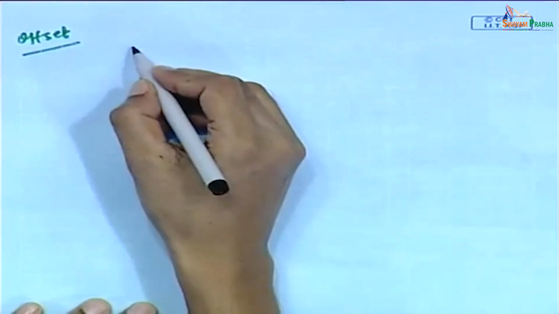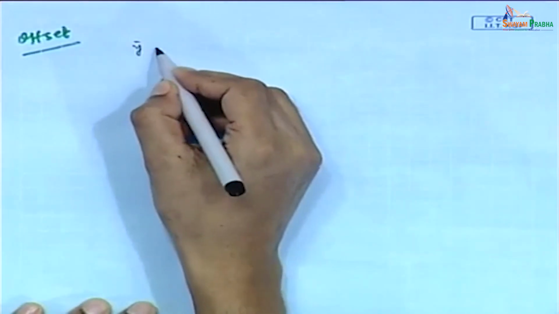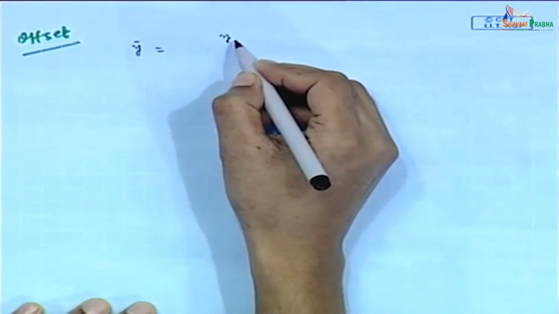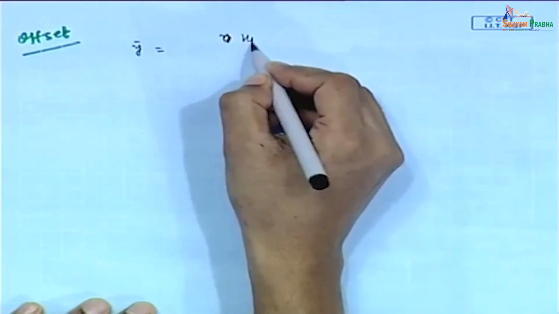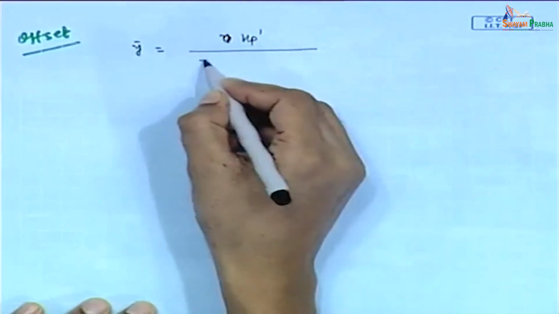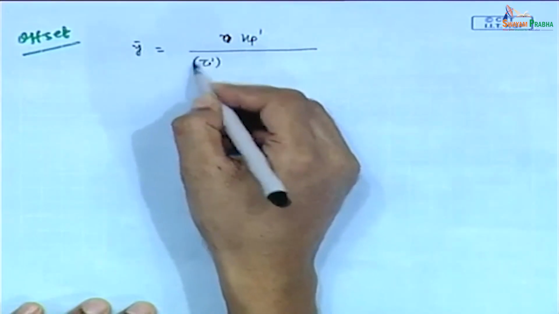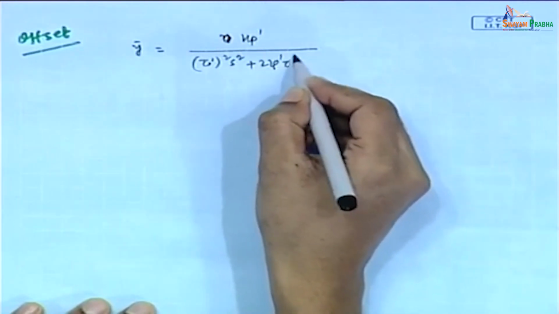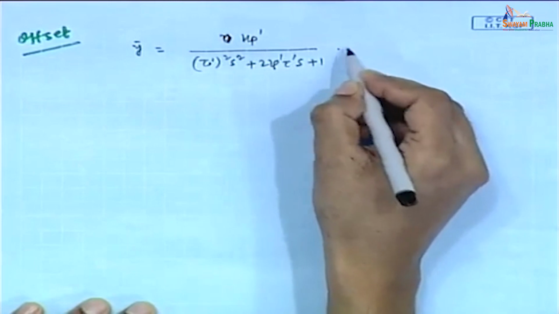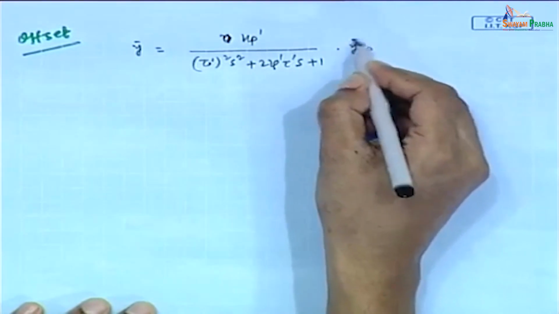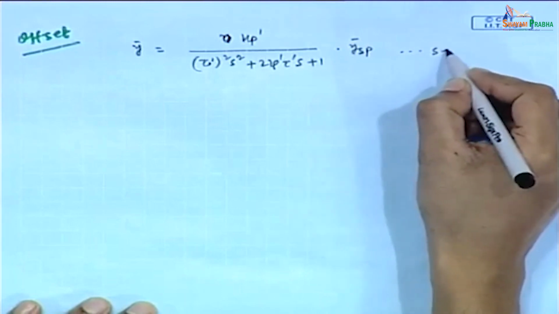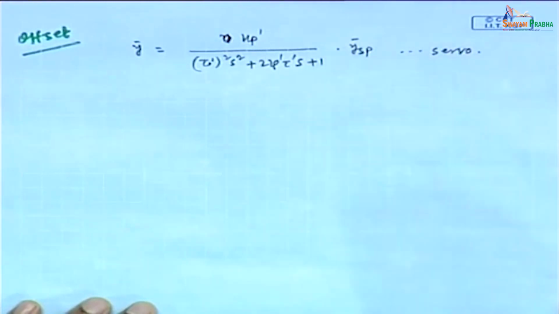Now our closed loop transfer function is y bar equals Kp prime divided by tau prime square s square plus 2 zeta prime tau prime s plus 1, times y set point bar. This is the closed loop transfer function which we derived for the servo case.